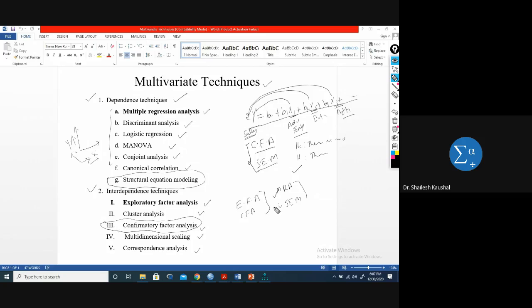So what is the basic difference between exploratory factor analysis and confirmatory factor analysis, and between multiple regression analysis and structural equation modeling?